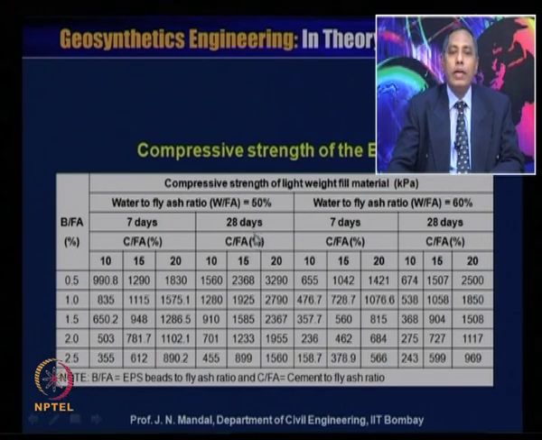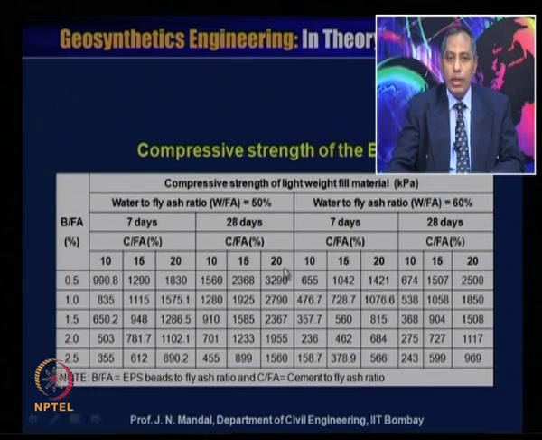When this is for 28 days, cement to fly ash ratio percentage, let us say 10%, and this beads to fly ash ratio is 0.5%, and this compressive strength value is 1560 for 28 days. Then when it is the cement to fly ash ratio value, then 2368.